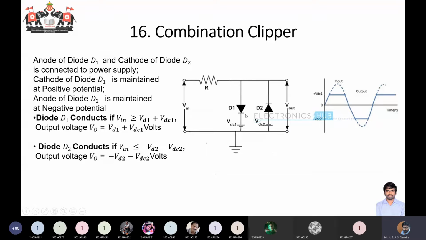And then the cathode of D1 is biased at a positive voltage of VDC1, and the anode of diode D2 is biased at a negative potential of VDC2. So diode D2 anode is connected to negative potential, diode D1 is maintained at a positive potential. Now we need to write the conditions. So first we shall take at what condition diode D1 will conduct.